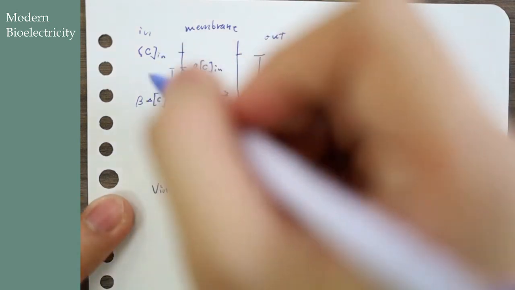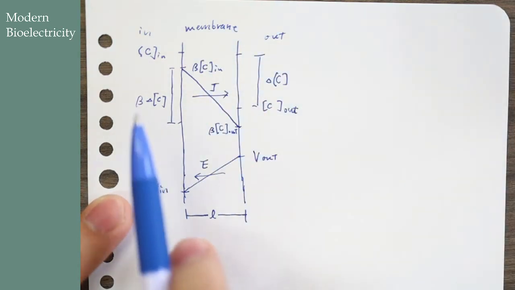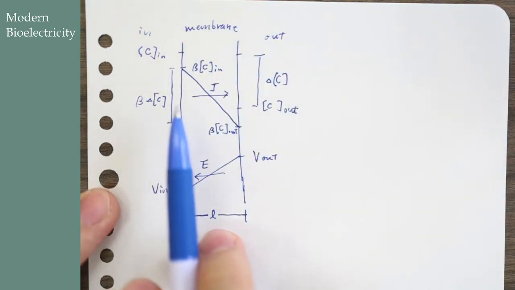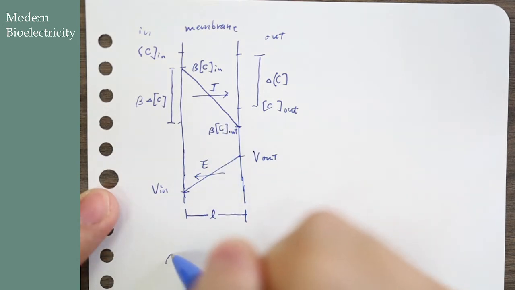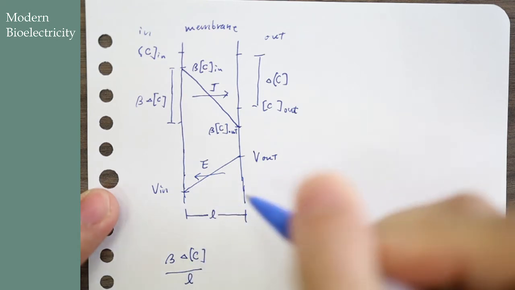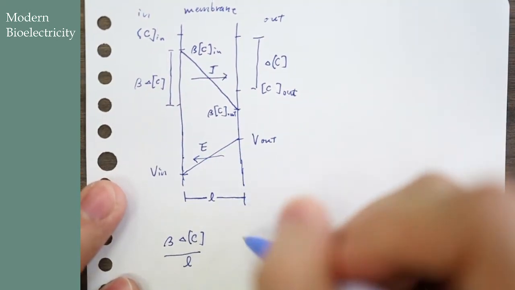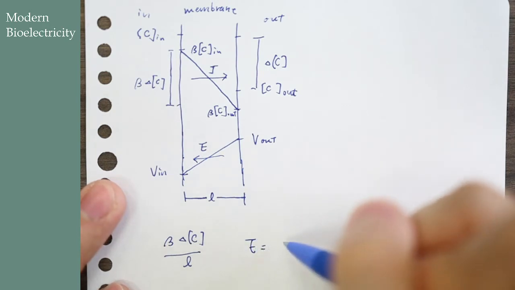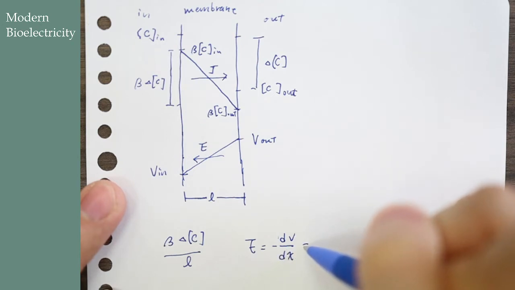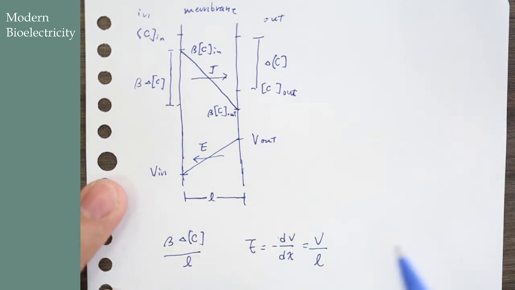So the gradient of the chemical gradient inside the membrane is beta delta C divided by L, right? And the electrical gradient is equal to minus delta V over dx, which is V over L, right?